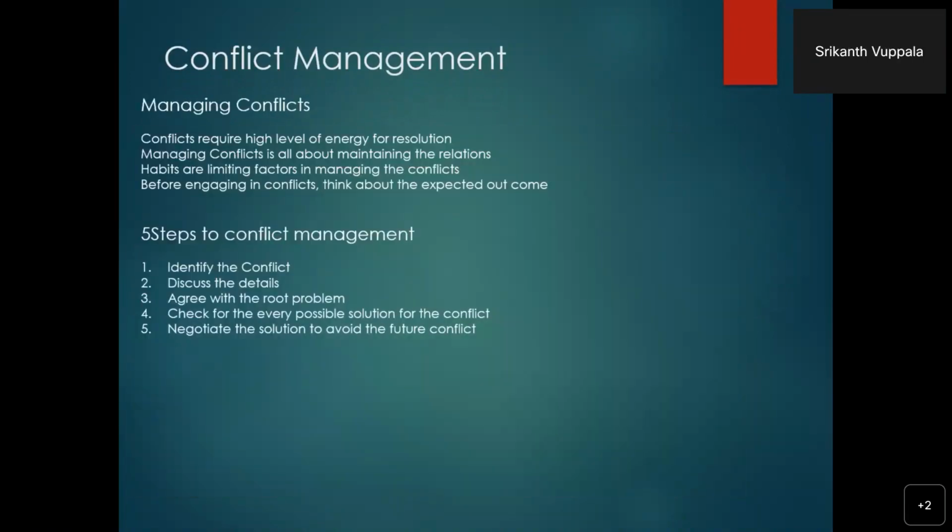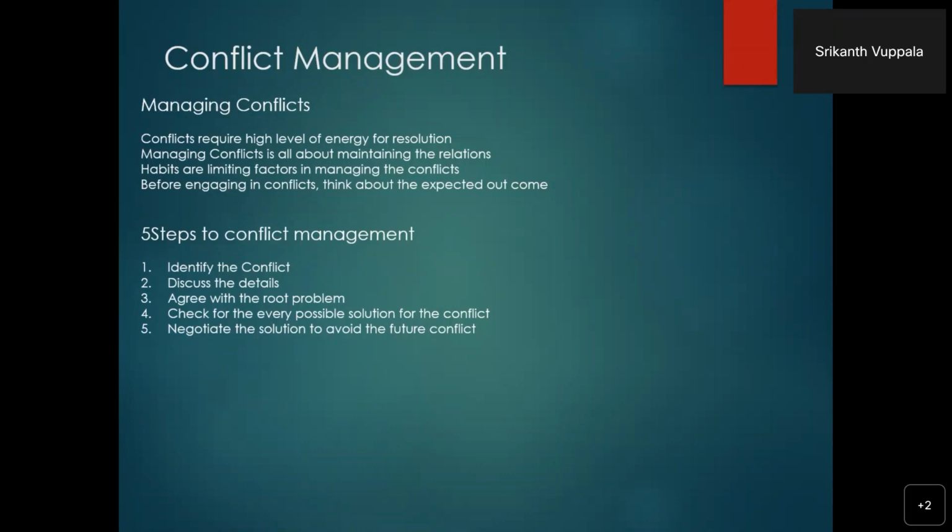Managing conflict requires a high level of energy for resolution. Managing conflict is all about maintaining relations, and habits can be limiting factors. Before engaging in the conflict, think about the expected outcome. Whenever you are going to handle any conflict within the team, you should not jump straight into the discussion.